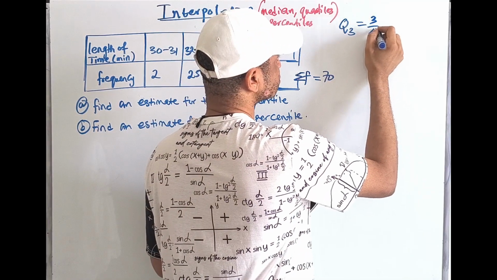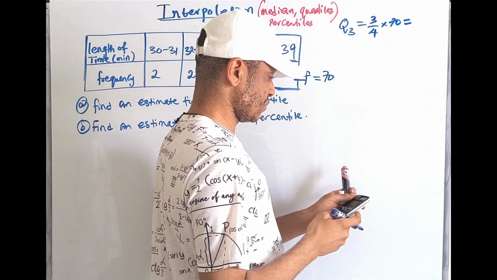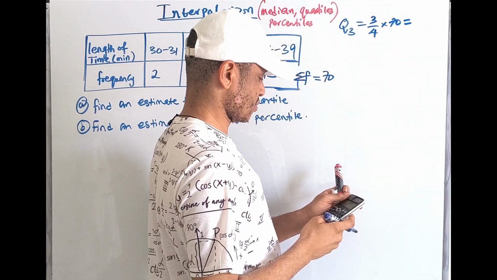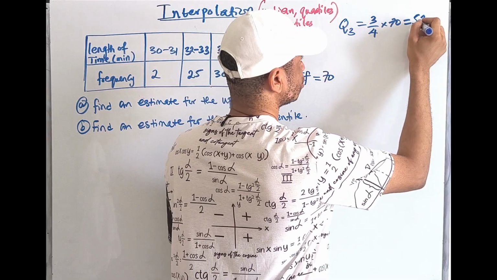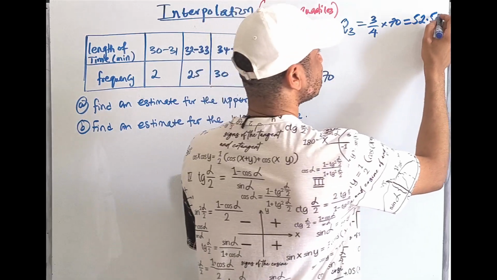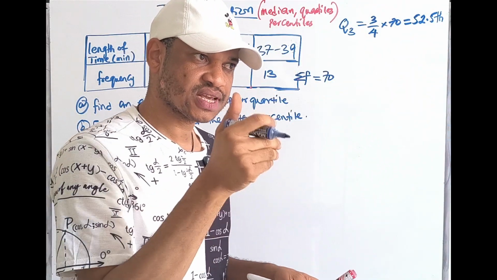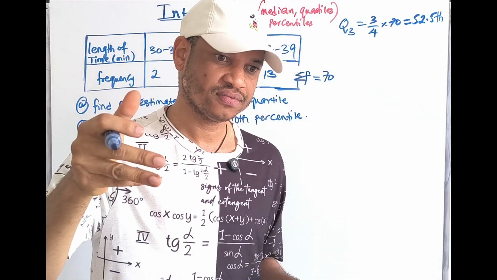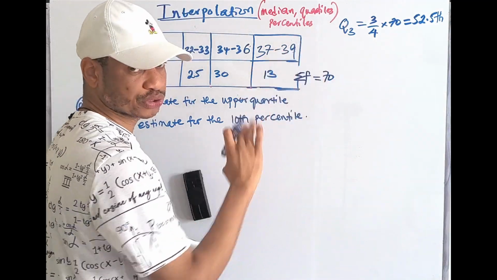It is 3/4 of the frequency, 70. So that is 70 times 3 divided by 4, which gives me 52.5. So this is in the 52.5th position.